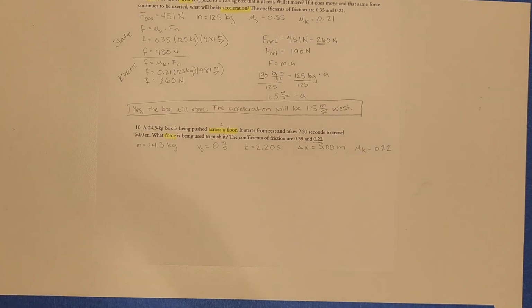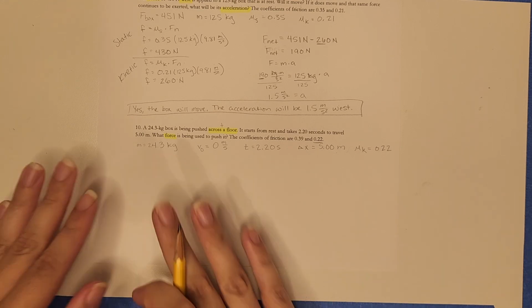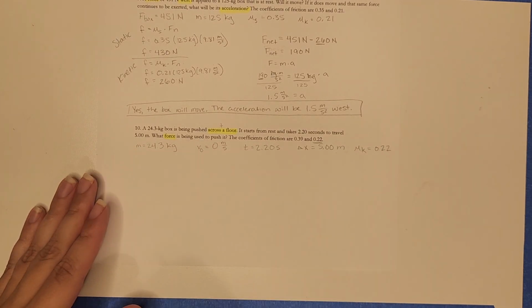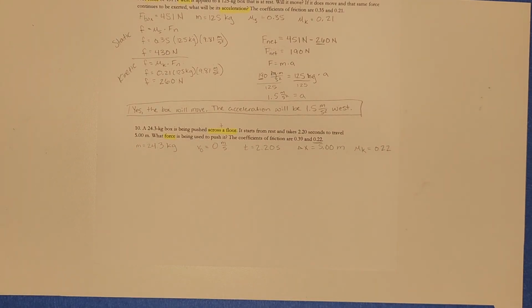Now I have all of the variables that I've been given, and I'm going to look at what I have and what I still need. My question is what force is being used to push it. A lot of times with these problems, it helps to know what your final equation is going to be.